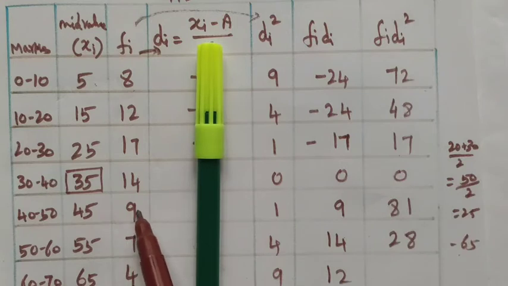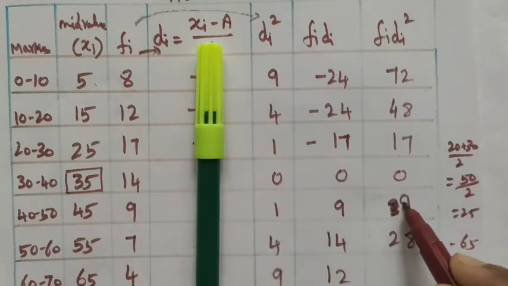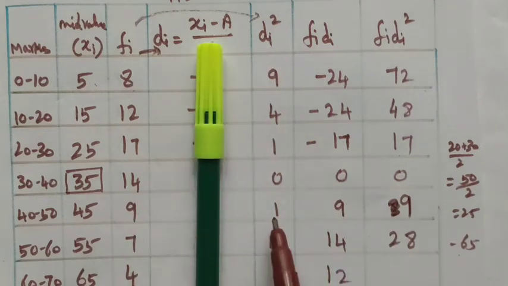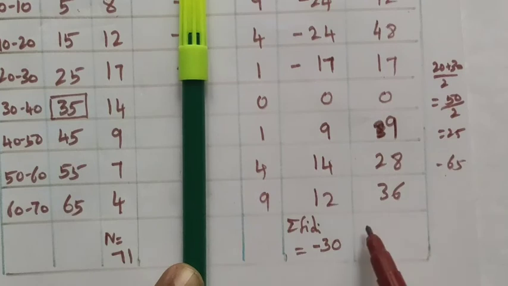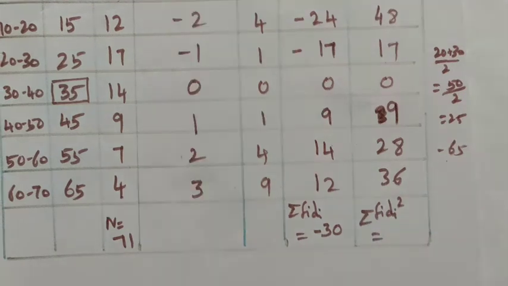Sorry, here 9 1s are 9 only, not 81. This is 9. See, fi di square. 9 1s are 9. 7 4s are 28. 4 9s are 36. Now we want to find out summation of fi di square, the sum of all these values. When we add, we get 210.